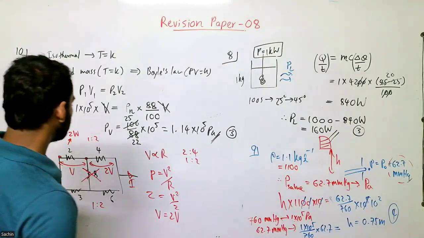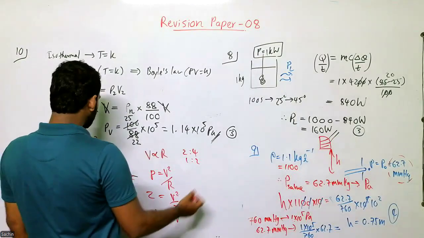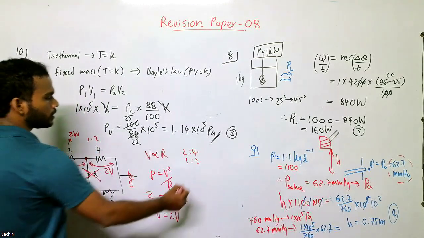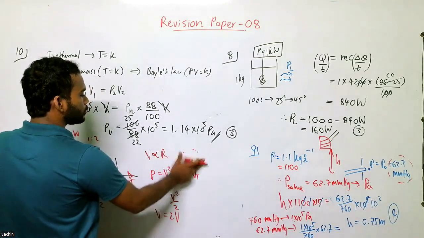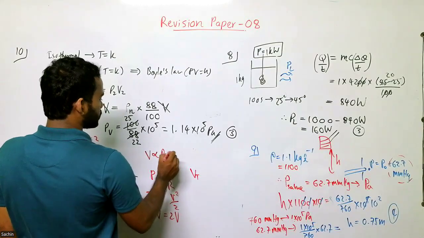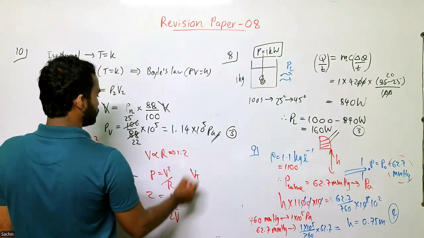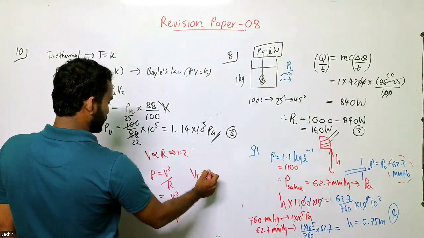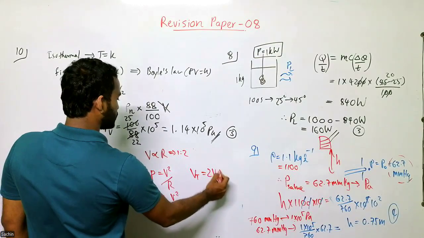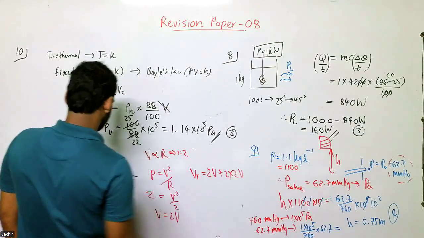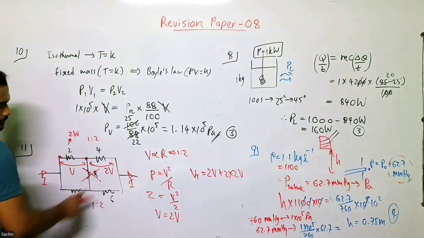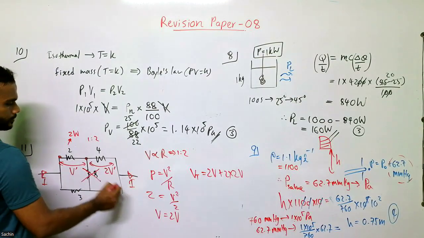So once you find that, now you know the total voltage. Because of the 1:2 ratio, the total voltage should be 2V plus 2 times 2V, right? Let's say V dash.